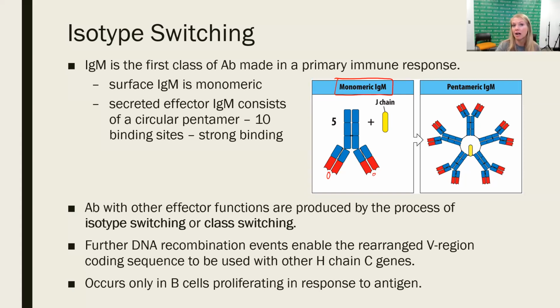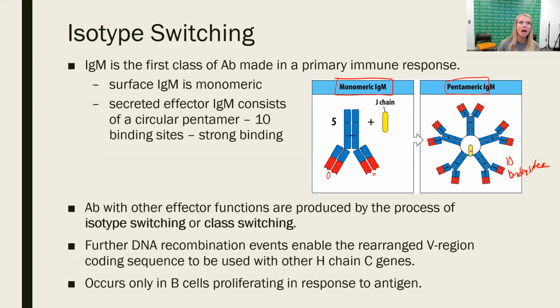Secreted IgM is actually in a pentameric form where there are 5 different antibodies attached by what we call a joining chain, or the J chain. So there's going to be 10 binding sites on a secreted IgM. Now, it's not the best antibody, but it's a really great first one to get out there. And it's strong because it has those 10 binding sites compared to 2.